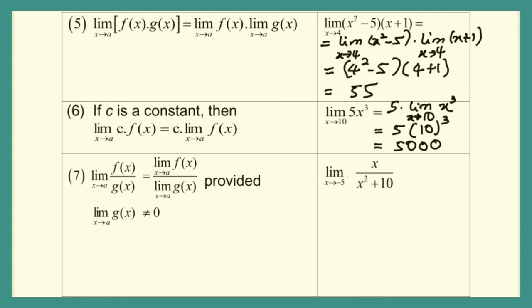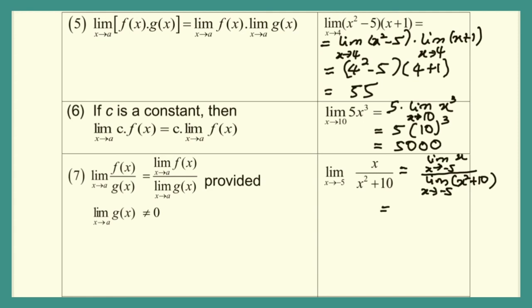For example, limit of x over x squared plus 10 as x approaches negative 5 is equal to limit of x as x approaches negative 5 over limit of x squared plus 10 as x approaches negative 5.